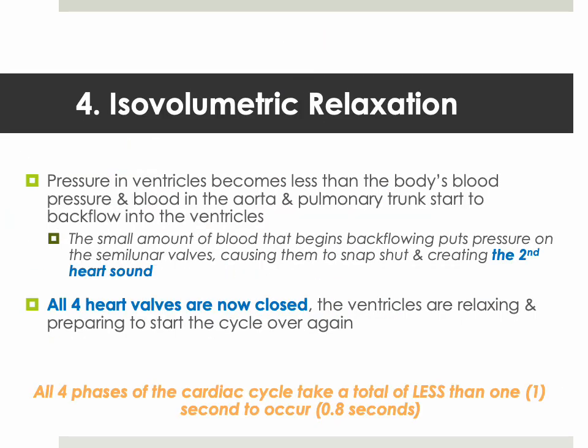Kind of similar to the isovolumetric contraction, this is isovolumetric relaxation. This is when the pressure of both ventricles becomes less than the body's own pressure. The blood in the aorta and the pulmonary trunk starts to backflow, meaning the blood is going to try to return. This is where the semilunar valves close, because as we mentioned, they have a little cup shape. So the blood backs up, fills them, and they shut.